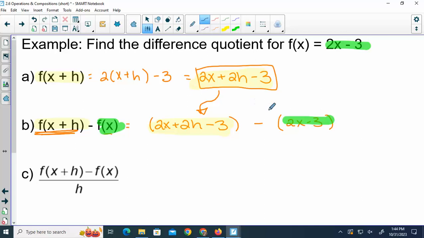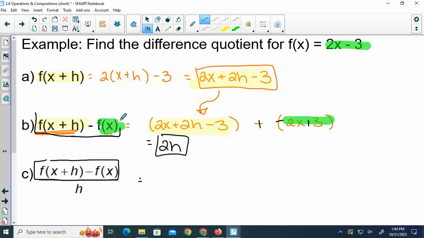What would we do now? So 2x and negative 2x would drop out. We have a 2h, negative 3 and positive 3 cancel. So that one just turns into a 2h. Part C. F of x plus h minus f of x over h.